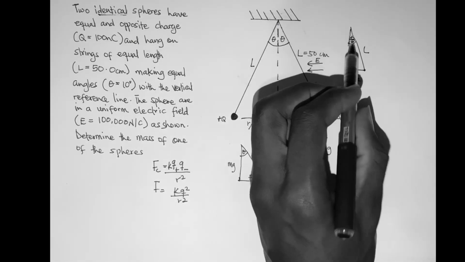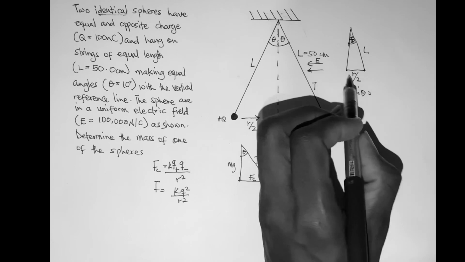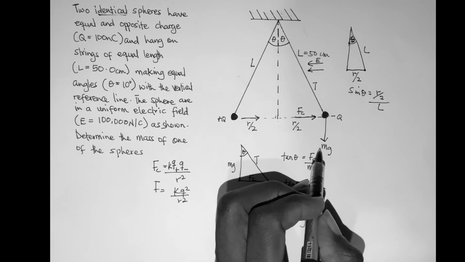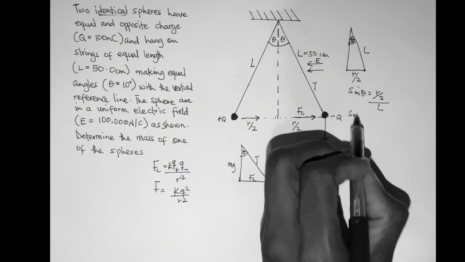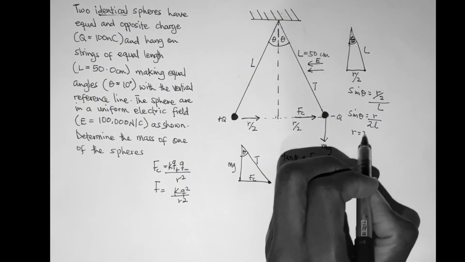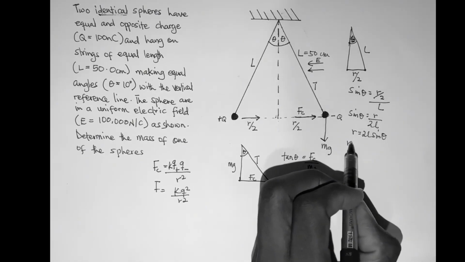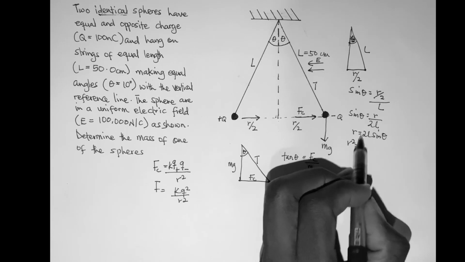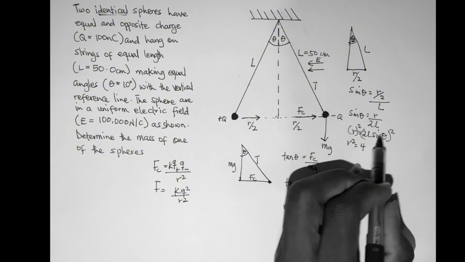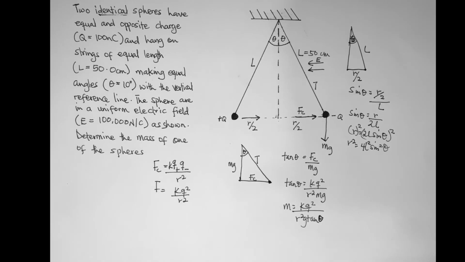Using sine is opposite over hypotenuse, sine theta is equal to the opposite, which is r over 2, divided by the hypotenuse, which is L. So sine theta is equal to r over 2L, and therefore r is equal to 2L sine theta. If we are looking for r squared, we square both sides. 2 squared is 4, and L squared, then sine squared theta. So that is r squared.